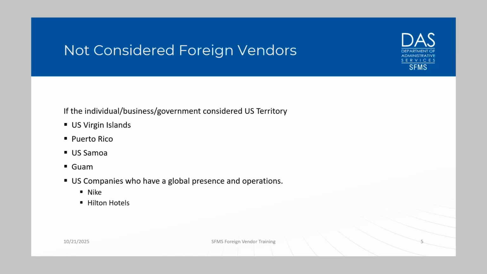It is not a Chinese company. Their corporate headquarters, U.S. Hilton is incorporated in the U.S. Nike has a presence in Asia, but the headquarters itself is Beaverton, Oregon. So these are global companies with a U.S. presence versus being a foreign vendor with a U.S. presence. I hope that kind of makes sense.